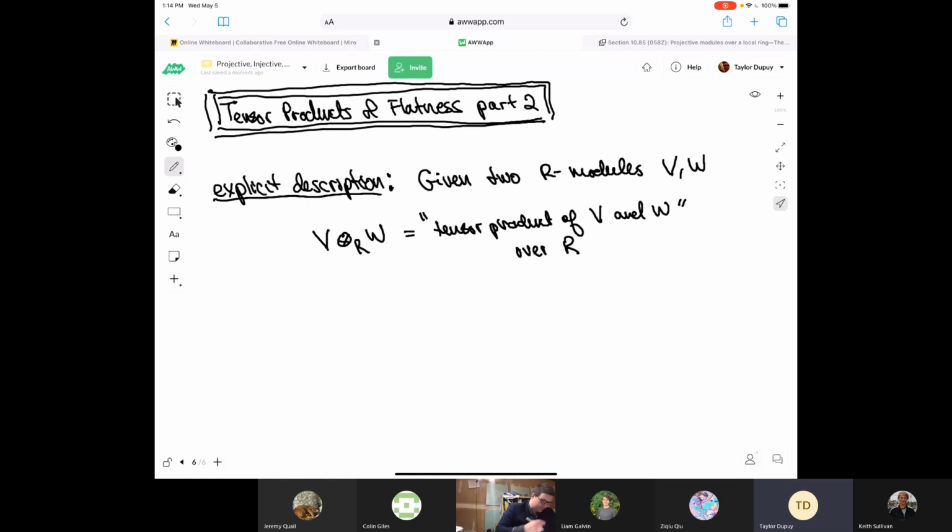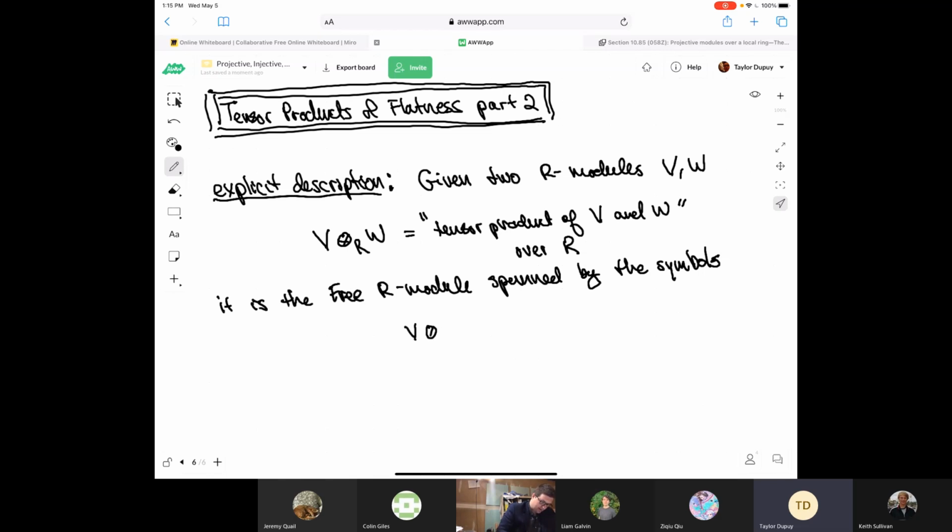Okay, and so it is the free R module spanned by the symbols v tensor_R w.